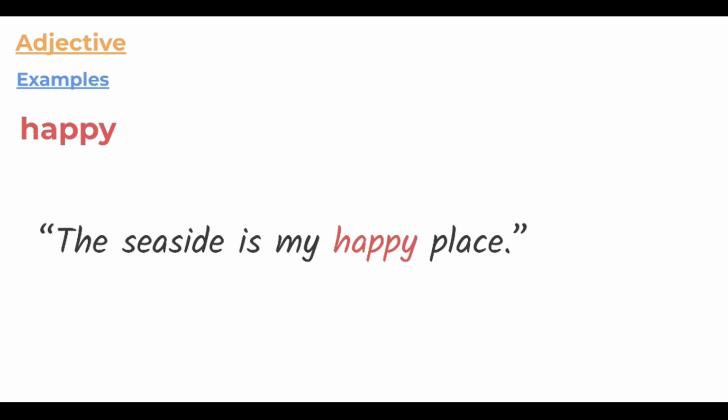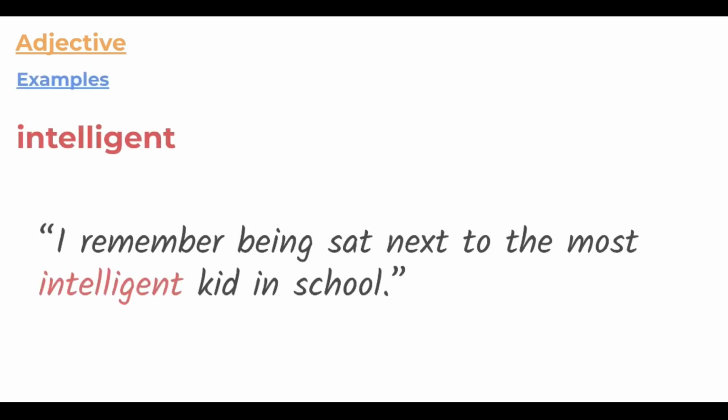The seaside. And another one, intelligent. I remember being sat next to the most intelligent kid in school. Intelligent, modifying, kid. Describing the kid. All right, so those were adjectives. A brief overview. Now let's dive into adverbs.